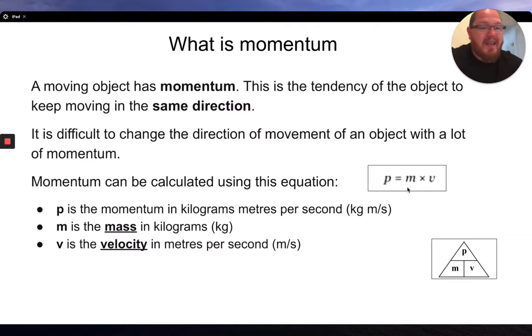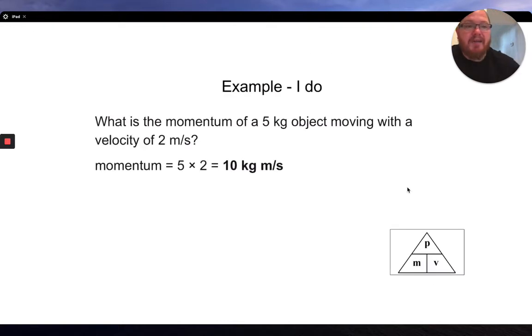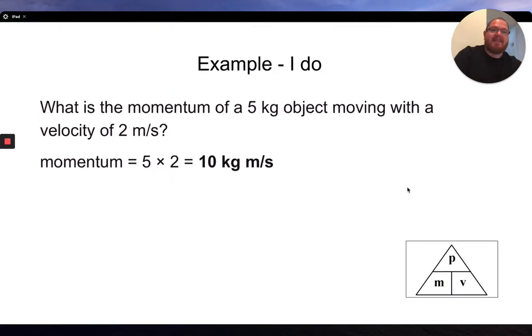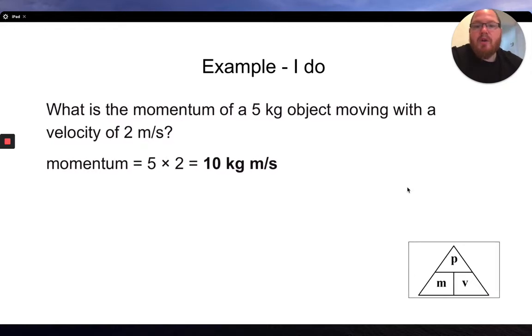So this is a really simple question you'd get in a foundation paper. It's not going to be coming up on the higher, and if it does, it'll be part of a bigger question. What is the momentum of a 5 kilogram object with a velocity of 2 meters per second? I'm going to underline 5 kilograms, that's my mass, and 2 meters per second, that's my velocity.